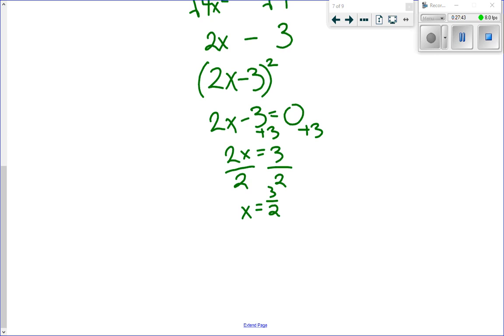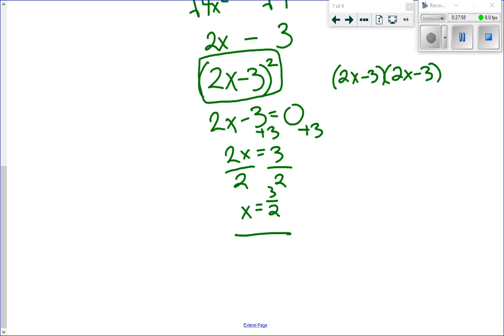No, because if we were to write this out, it would actually be 2x minus 3 times 2x minus 3. So don't make that mistake of saying, oh, I've got the same thing, so that must be a plus or minus. Make sure that you understand that that is not a plus or minus, that is only one sign because that binomial is multiplied by itself.